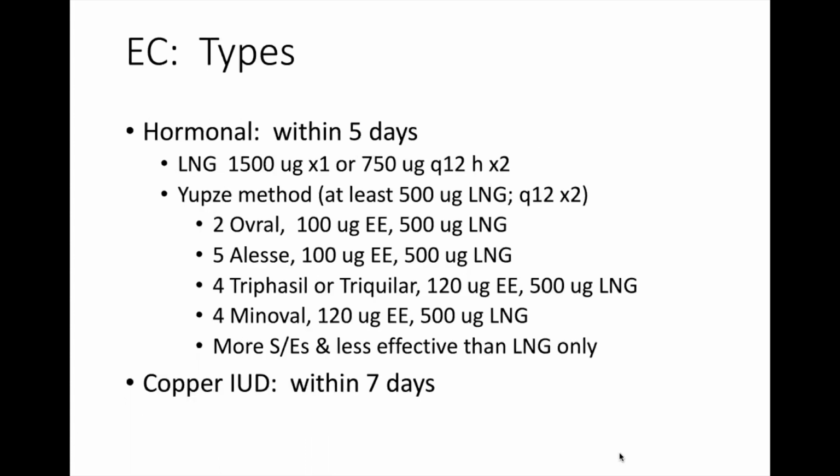Wait, overall they can use 100 of estradiol and 500 of levonorgestrel, so they have to use 2 tablets, or 5 pills of Ella which have the same amount, 100 of estradiol and 500 of levonorgestrel, or Minovral which has 120 and 500. And in pharmacies now they have Plan B with the pills packaged for the patient to take.